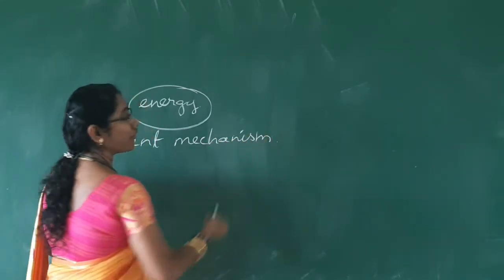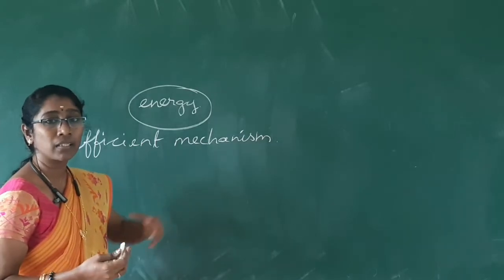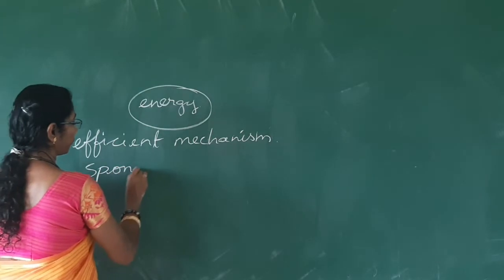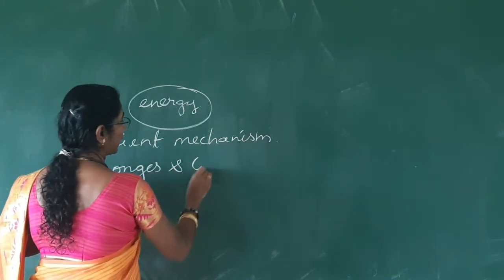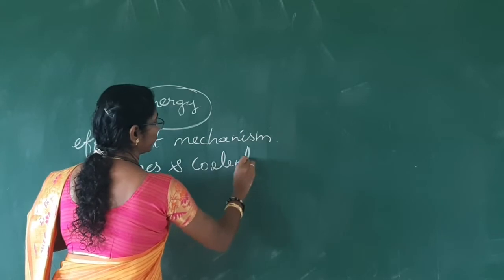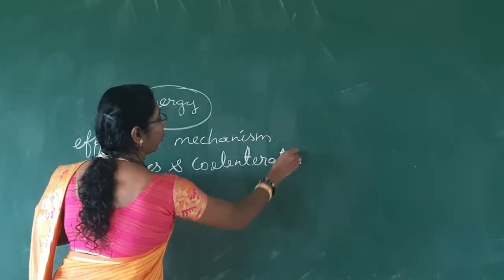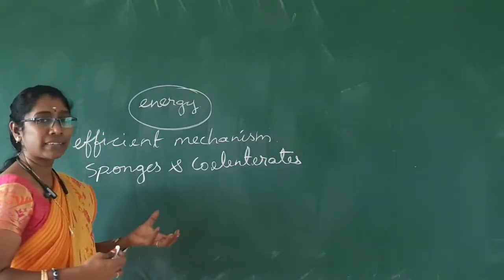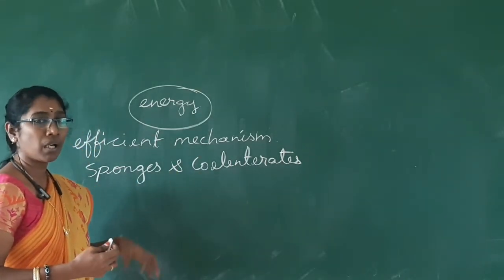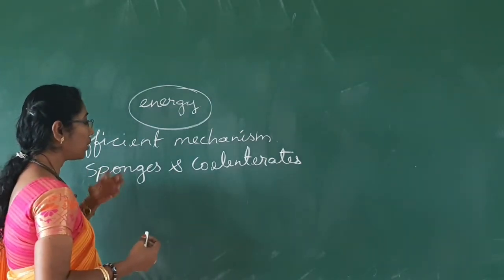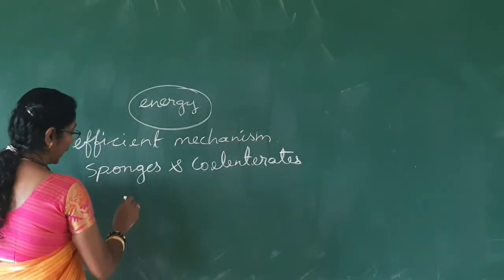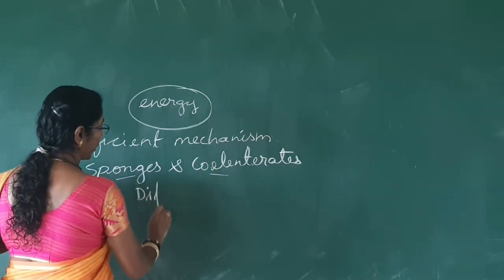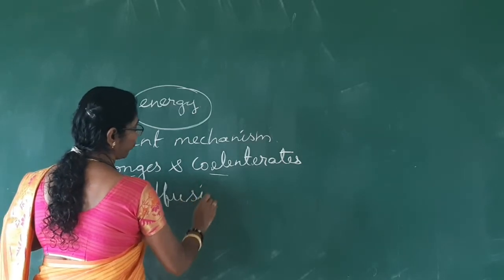So, what kind of efficient mechanism is there in smaller organisms like sponges and coelenterates? What kind of mechanism is there to supply the nutrients as well as to collect all the waste from the organism? The mechanism taking place in sponges and coelenterates is the diffusion process.